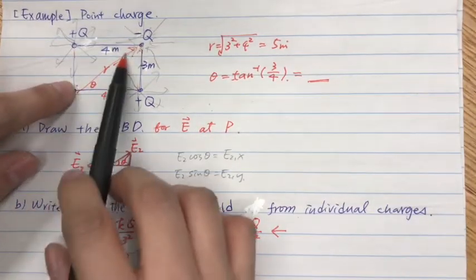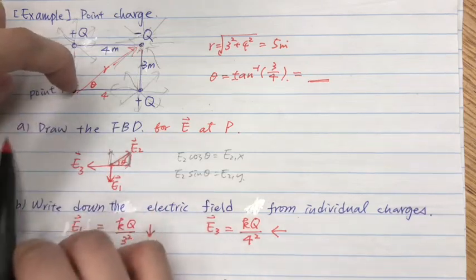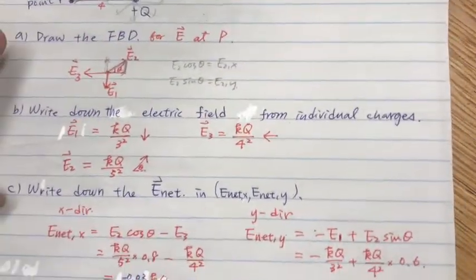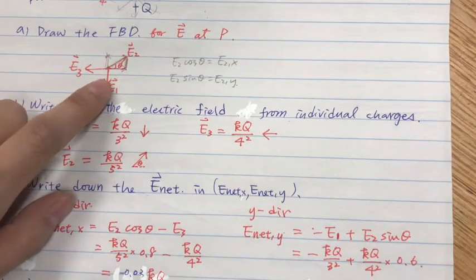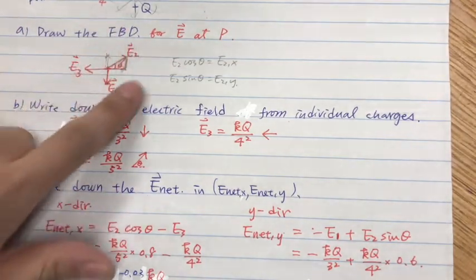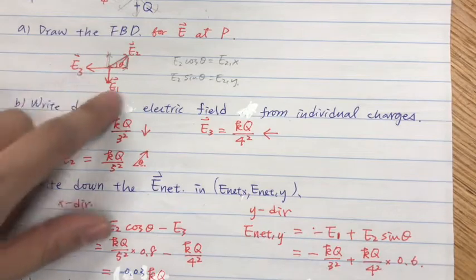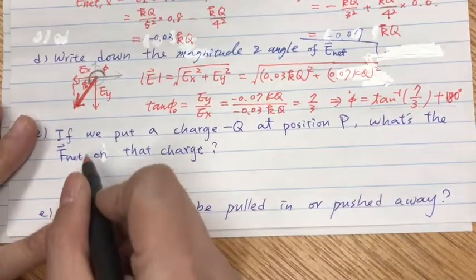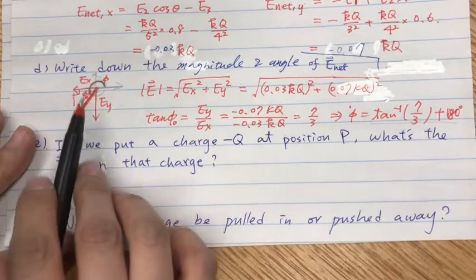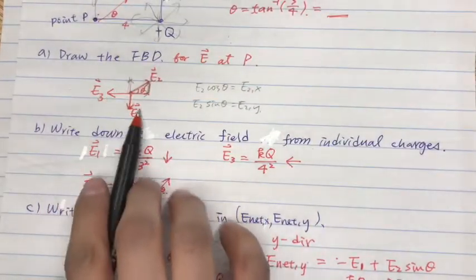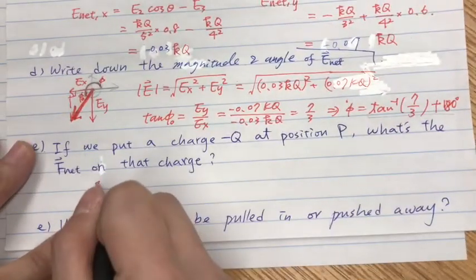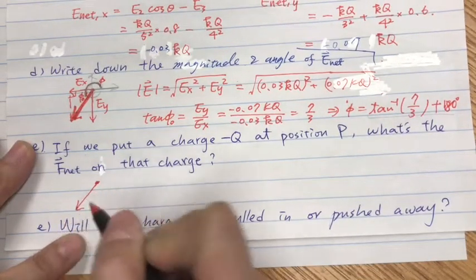Will it be attracted or will it be repelled? So let's find out. Here we draw the electric field. This is the total influence from all these source particles, and this is the net electric field. The sum of these three is equivalent to this one. So this is the net electric field, which is moving in this way.